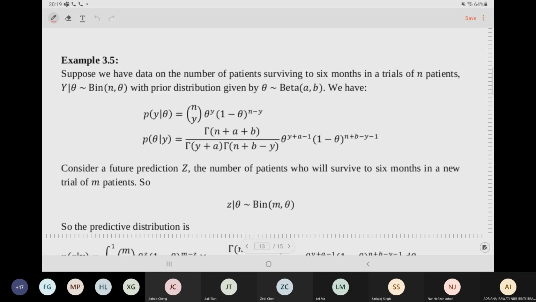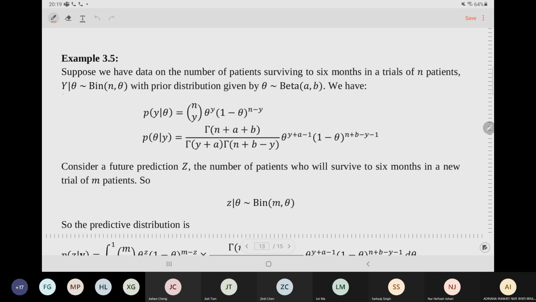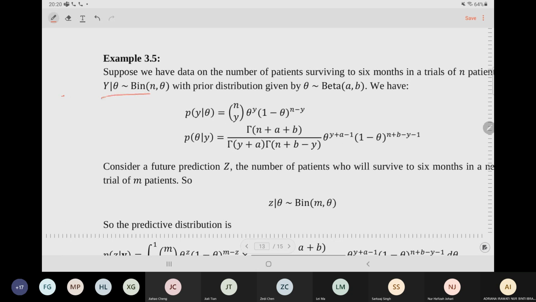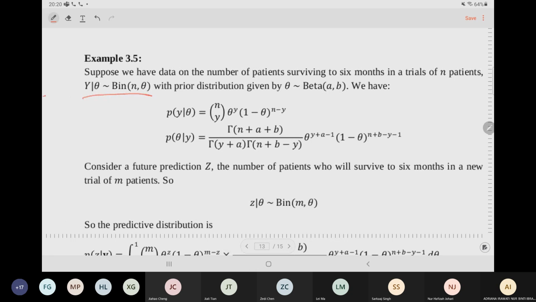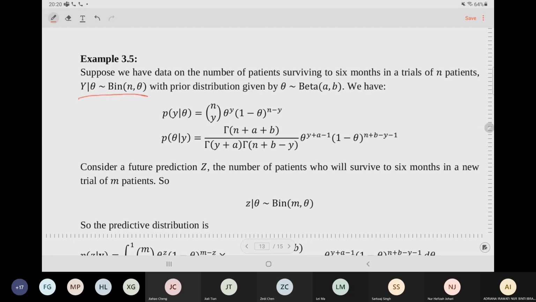So this is your data. Y given theta is binomial(n, theta). So this is your data, and then you have a prior, which is theta is beta(A, B). So instead of the values that we used last week, we're going to use general constants.